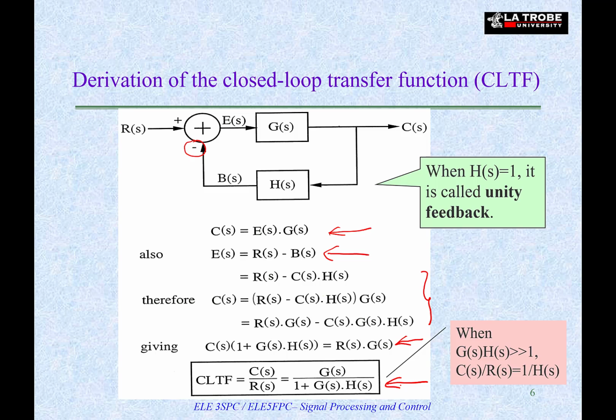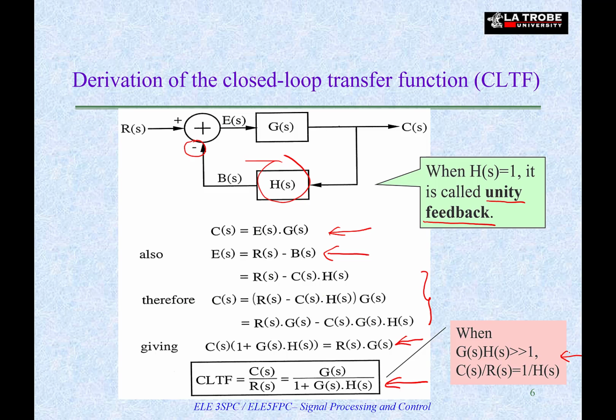I would like also to mention that when H(s) is 1, we call the system a unity feedback system. When G(s) times H(s) is greater than 1, we say C(s) over R(s), the closed-loop transfer function, is approximately equal to 1 over H(s).